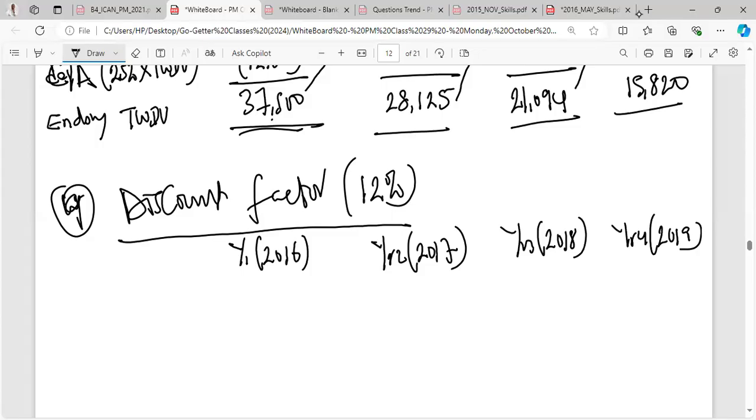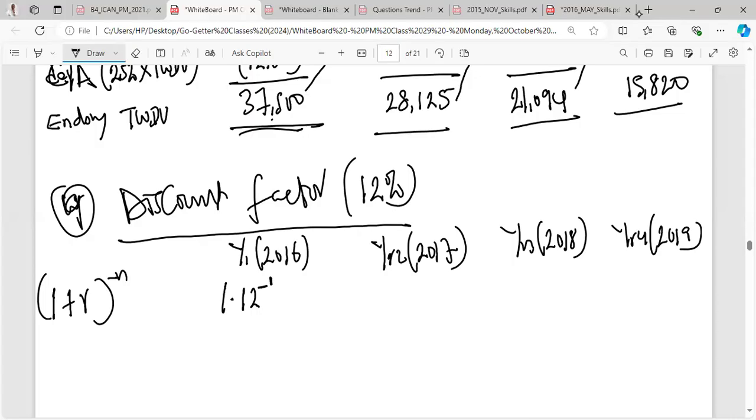Our formula is 1 plus r raised to power minus n, isn't it? So this is going to be 1.12, I've added it all, raised to power minus 1.